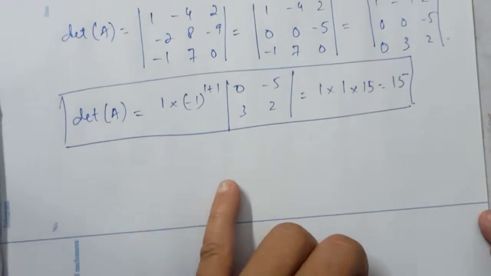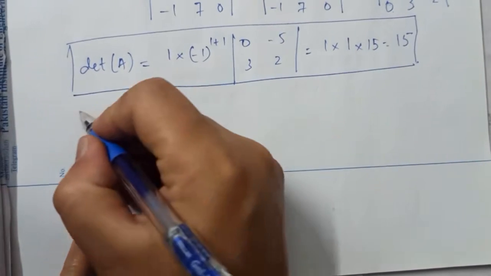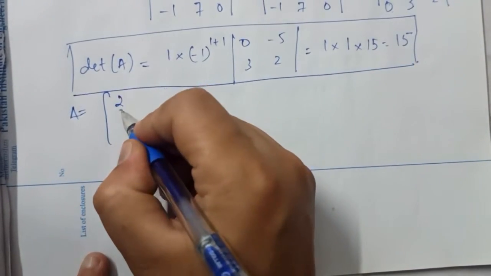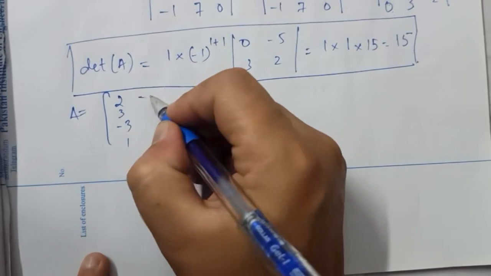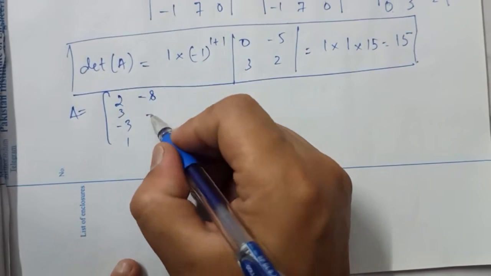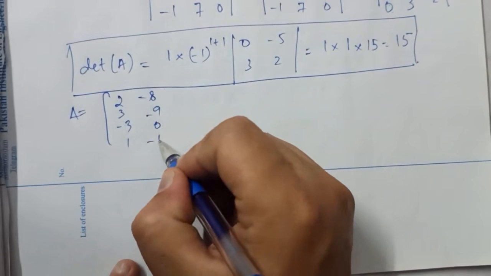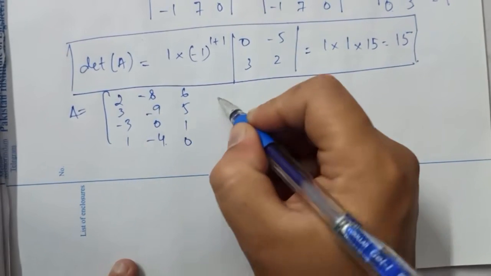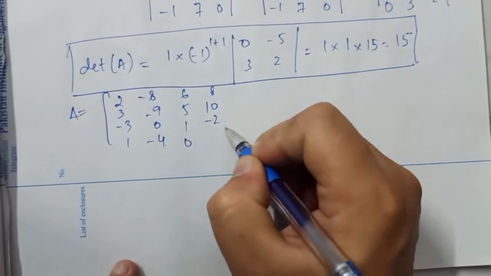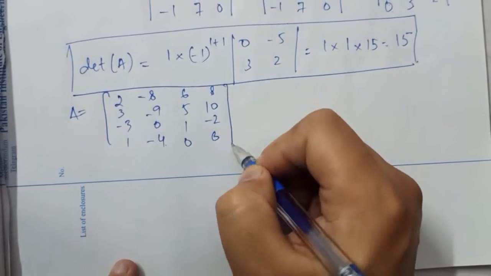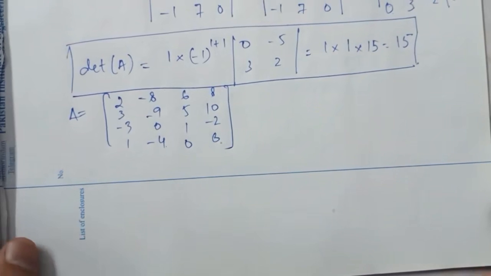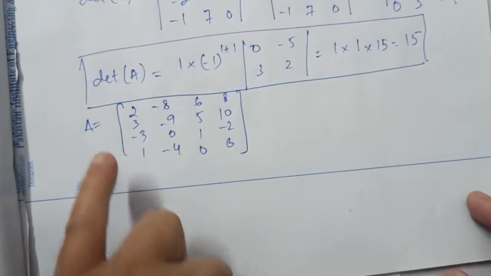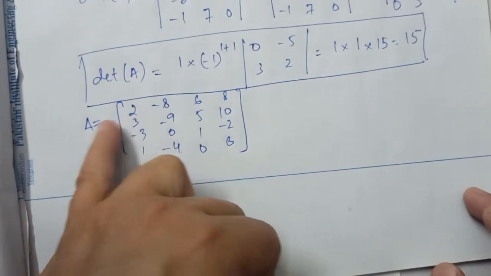Now, let's say I try to compute A equals 2, 3, minus 3, 1, minus 8, minus 9, 0, minus 4, 6, 5, 1, 0, 8, 10, minus 2, and 6. Right, now what I can do is take 2 out from the first row, right?